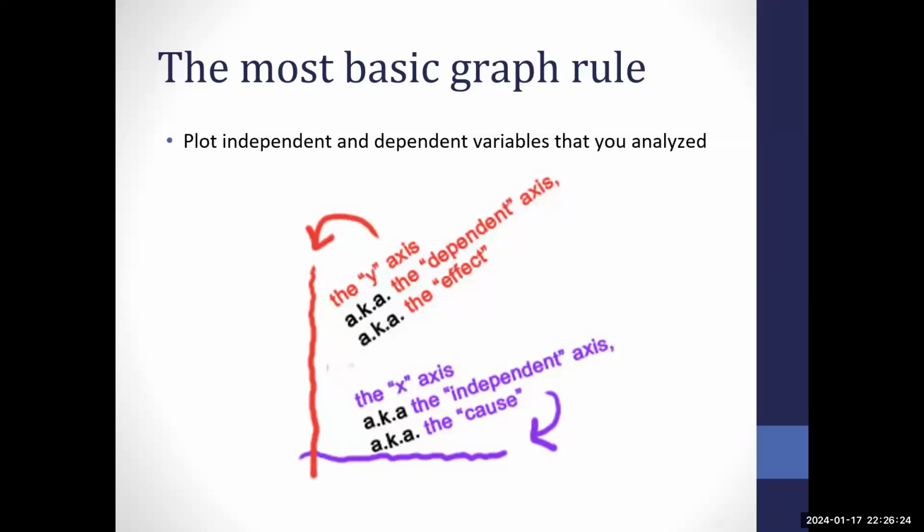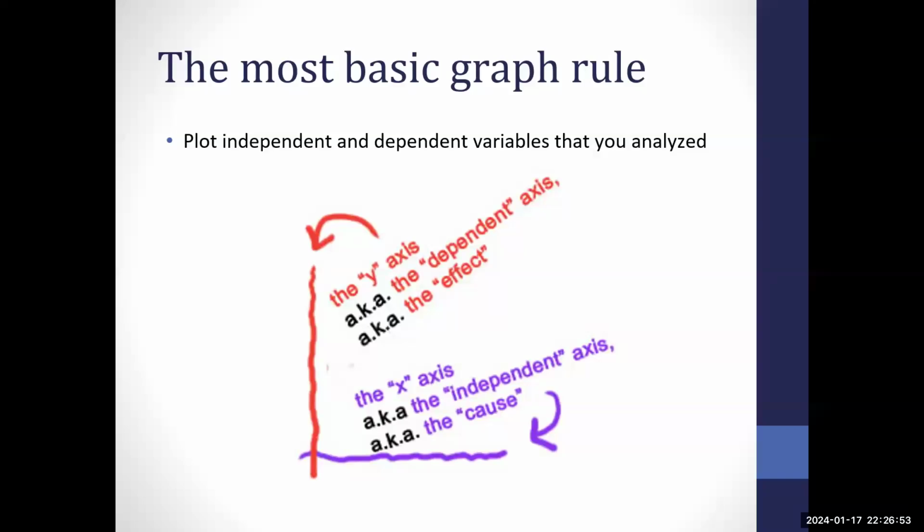So if you've made graphs before, you might know that the axis of the graph that goes up and down is referred to as the y-axis, shown in this example in red. And the y-axis is the dependent variable. This is what we think is affected by our second variable, which is our independent variable.